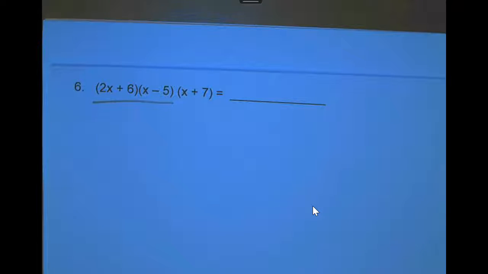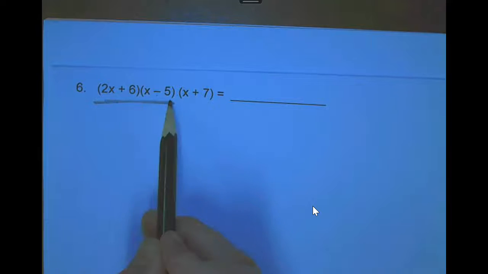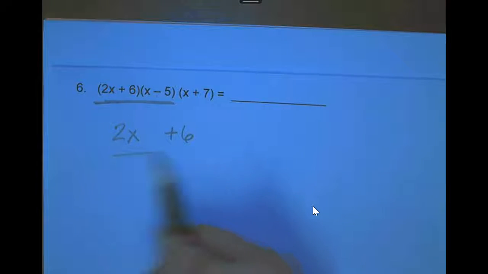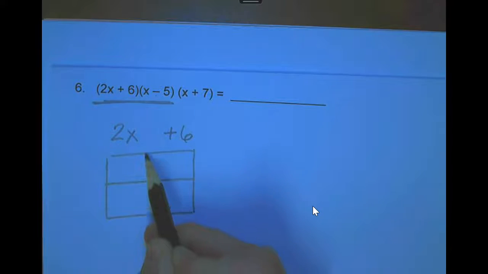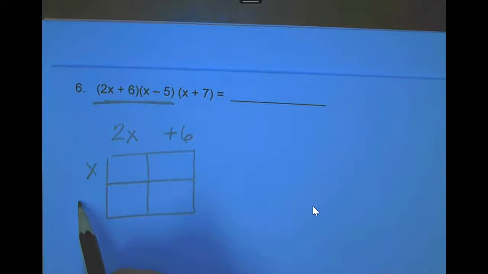The order doesn't matter. It might be easier to multiply these 2 together first, but these 2 are written down first, so I'm going to multiply those together first. So there's my first binomial. Here is my second binomial.